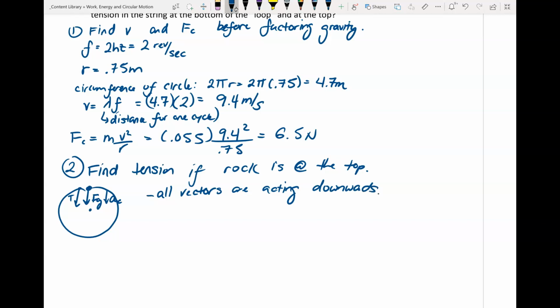When you're thinking about the tension of the string, we want to think that the tension is pulling the string to point towards the center.